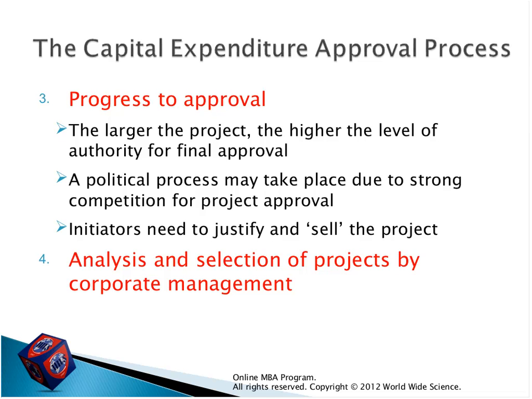And initiators need to justify and sell the project. This is talking about who is going to initiate the project itself, who is proposing the project. For example, divisional managers have to justify, first of all, that the project is profitable, and try to sell the project to the top managers.